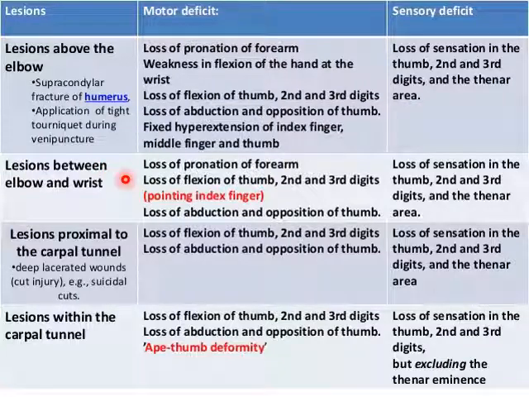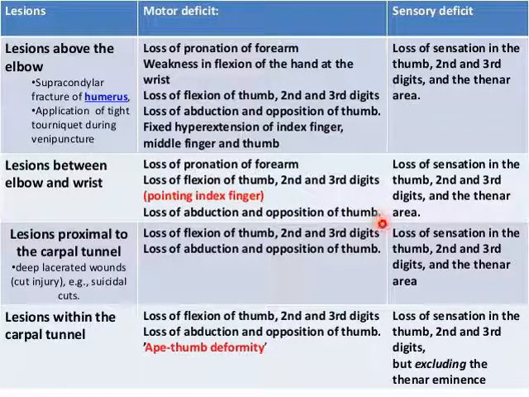When the lesion is between the elbow and the wrist, that is in the middle of the forearm, which usually injures the anterior interosseous nerve also, there is loss of pronation of the forearm, loss of flexion of the thumb, second, third digits, that is loss of the thenar muscle function, and the pointing index finger is more pronounced because of the unopposed action of the extensor digitorum and extensor indicis to the index finger.